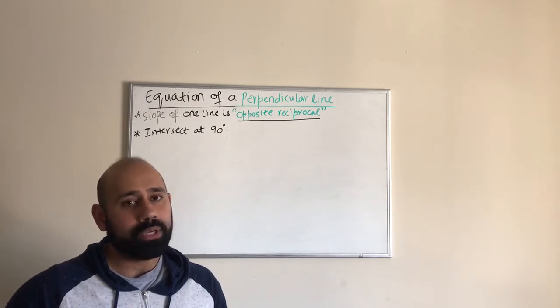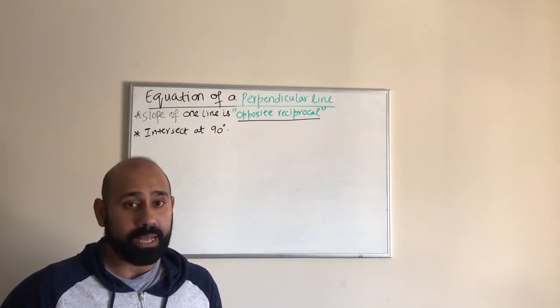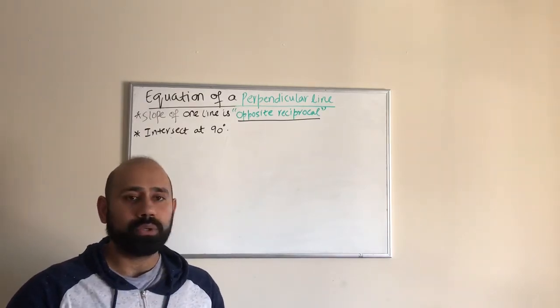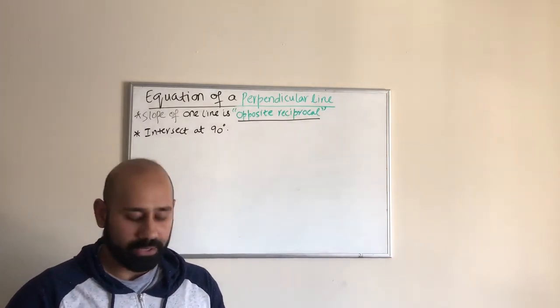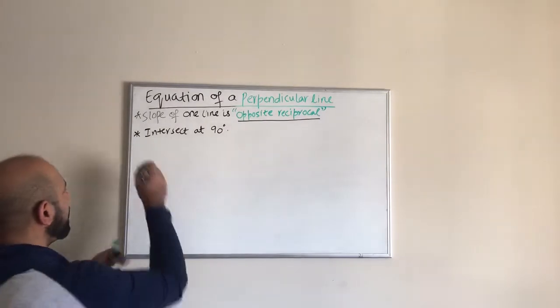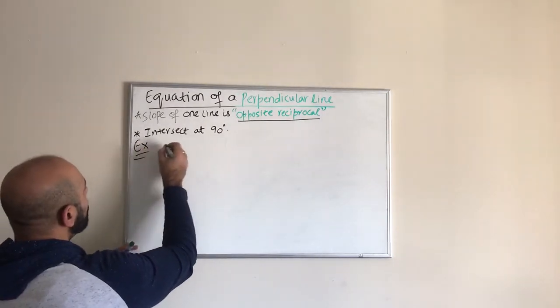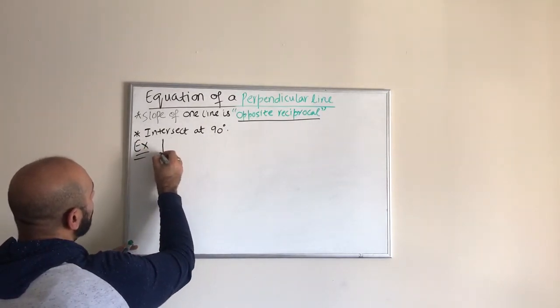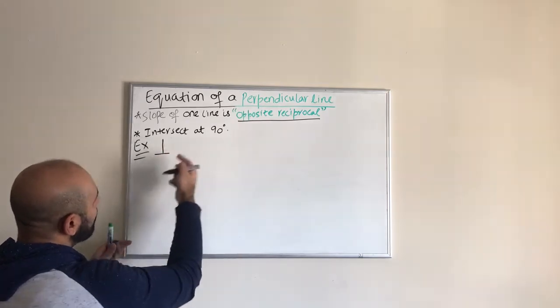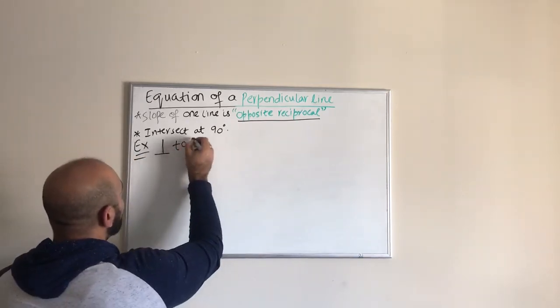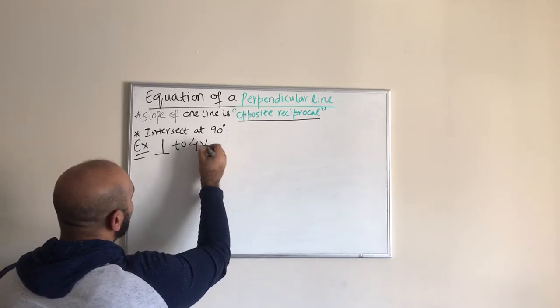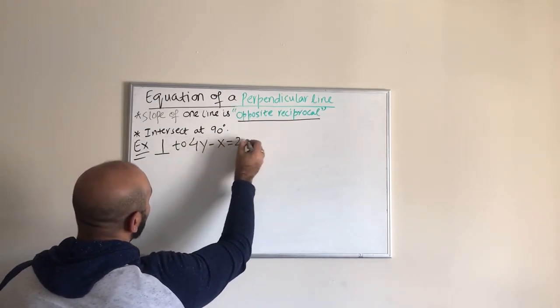So I'm going to illustrate this by showing you an example. The approach is basically the same as what we used for the parallel lines, but now we are going to write a perpendicular line. The example is that we want to write an equation of a line which is perpendicular to, and I'm using this notation to show perpendicular to, the same line, 4y minus x equals 20.